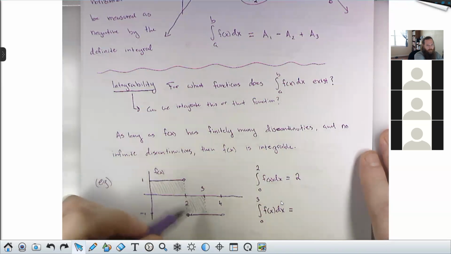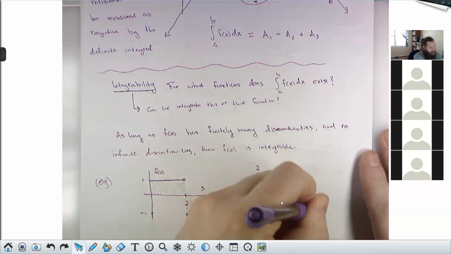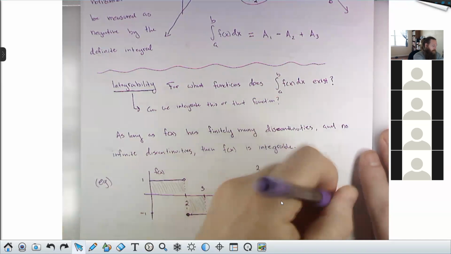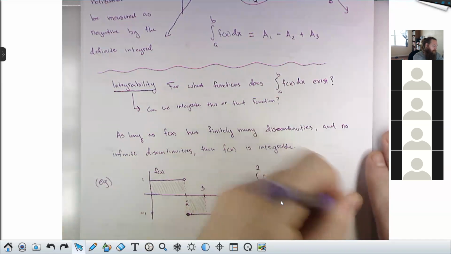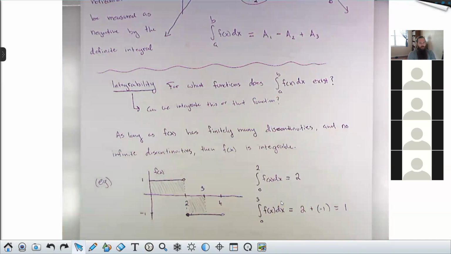This would be measured as having area -1. So this would be measured as having integral from 0 to 3 equal to 1. And the jump discontinuity here doesn't hurt. I can still say very clearly what the area bounded here is. There's a little bit of a question about what happens right at this point.